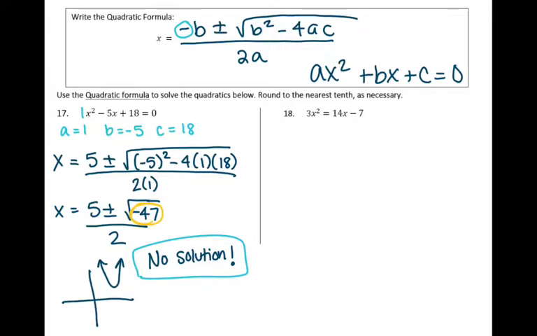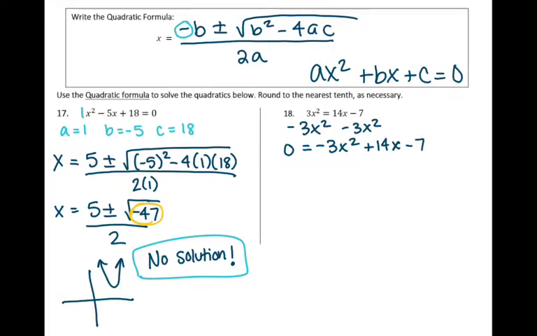All right, number 18. I do need to get this equal to 0, so I'm going to subtract 3x squared from both sides. So I have 0 equals negative 3x squared plus 14x minus 7.